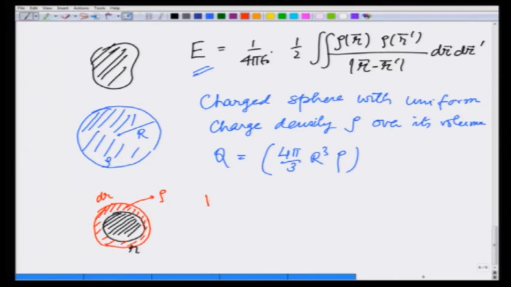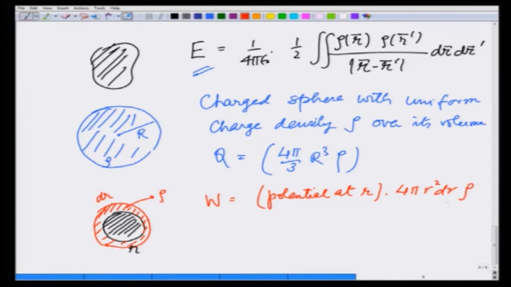The work done will be equal to potential at r times the net charge that I have brought in, and that will be 4 pi r square dr, which is the volume, times rho.